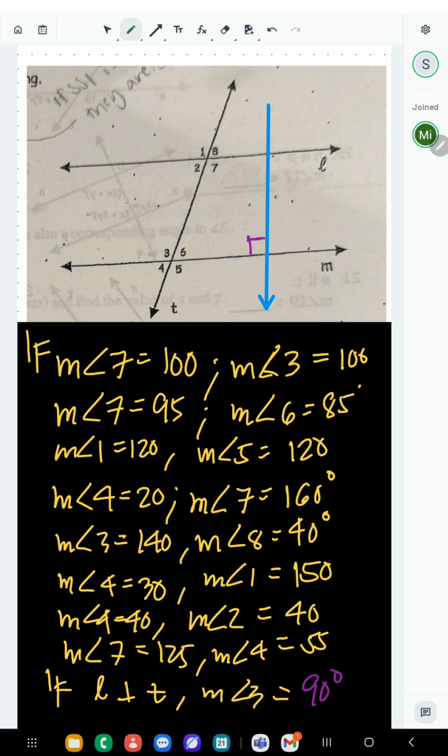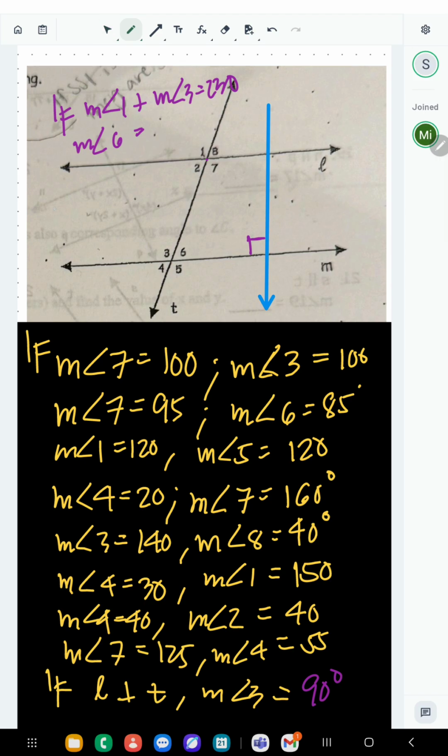Okay, next one. If measure of angle 1 plus measure of angle 3 is 230, what is the measure of angle 6? So angle 1 and angle 3, where is it? Okay, so they are equal, right? Angle 1 and angle 3.